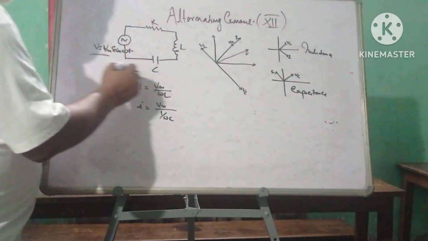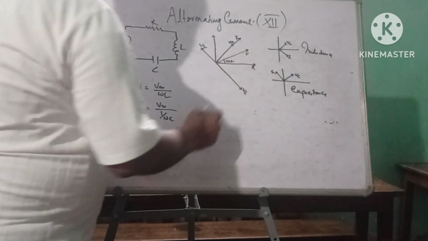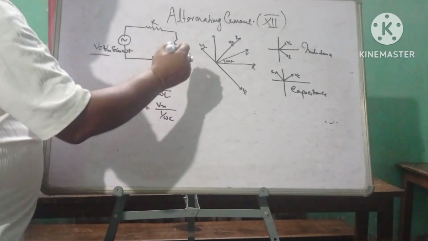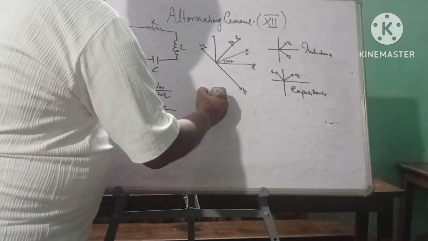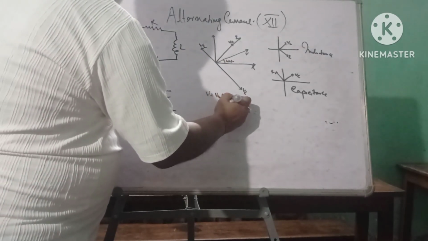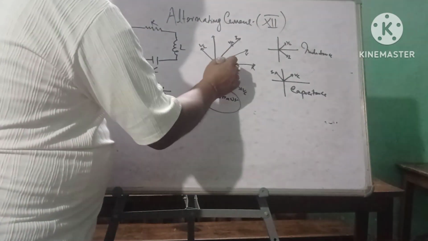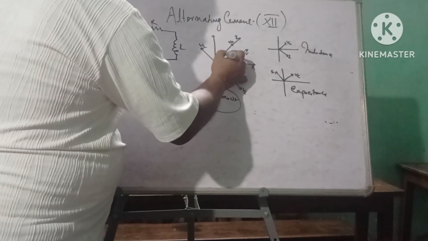Since V is making an angle omega t with the x-axis, for resistance it was originally V equals Vm sine omega t. For every case it is the same, but here there must be some difference.